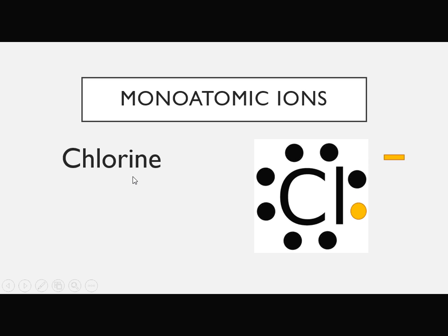So if you look at the monoatomic anions on that list, you'll see hydride, fluoride, chloride, bromide. So this particular anion would be the chloride anion. So anytime I see the chloride, I know that it's Cl-1. Now, what does this all mean?